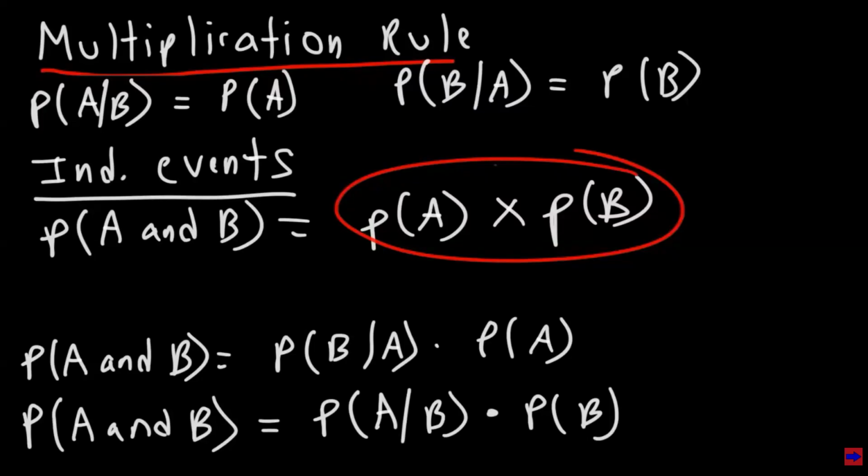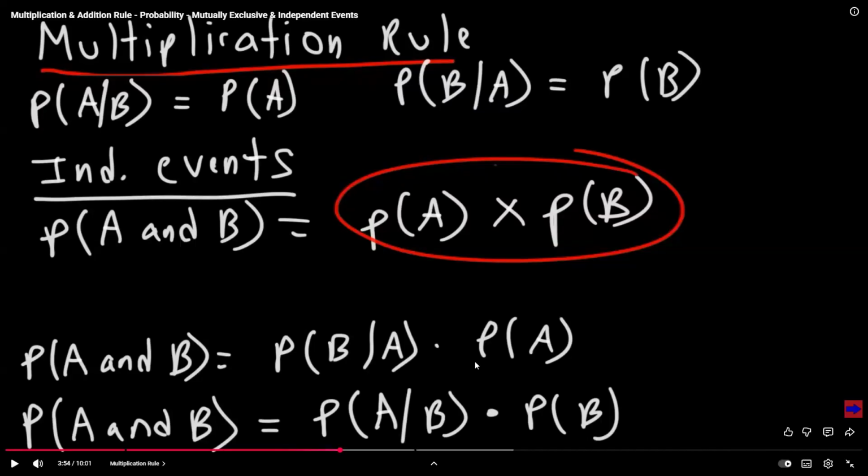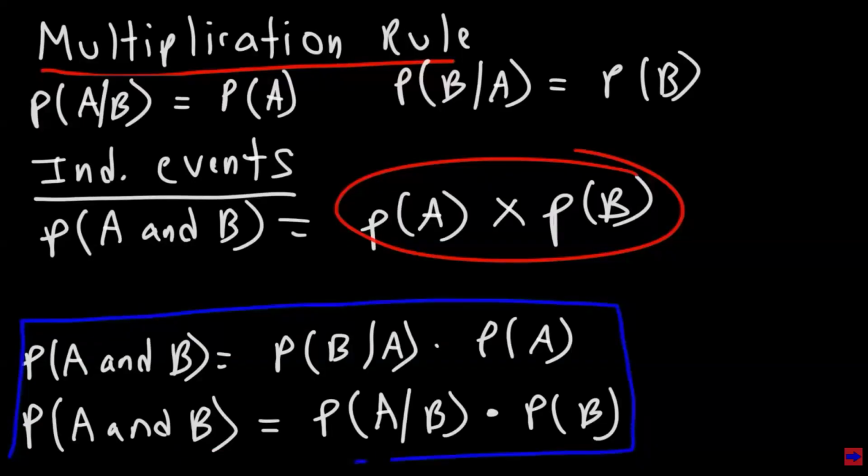You can take the probability of shopping and the probability of men and just multiply them. But if they are dependent on each other, then you will use this other function. So these independent events also happen. If not, then you can get one of these equations.